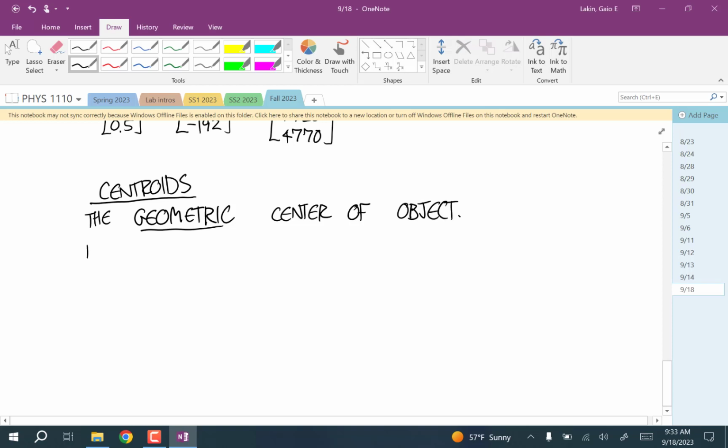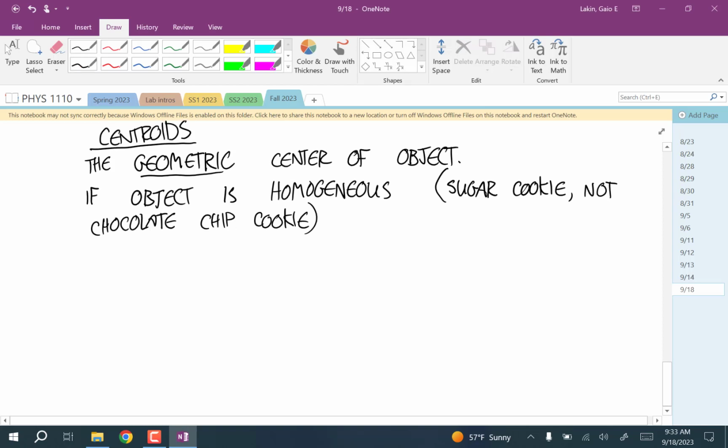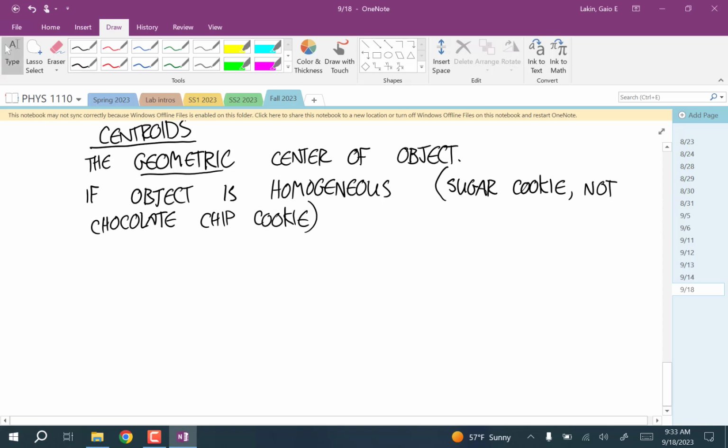If the object is homogeneous, and by homogeneous I mean uniform density, just a uniform material the whole way through, so think sugar cookie, not chocolate chip cookie, then the centroid is the center of mass of the object.